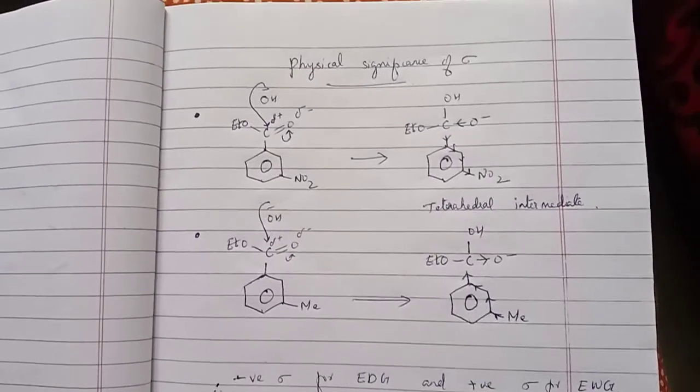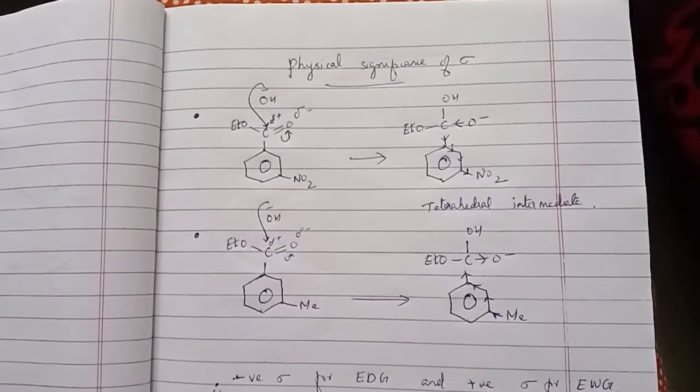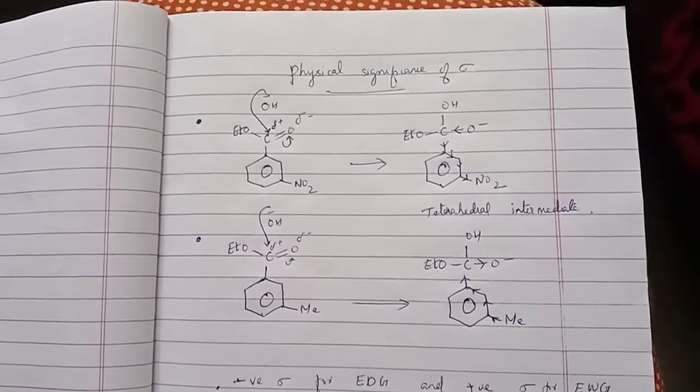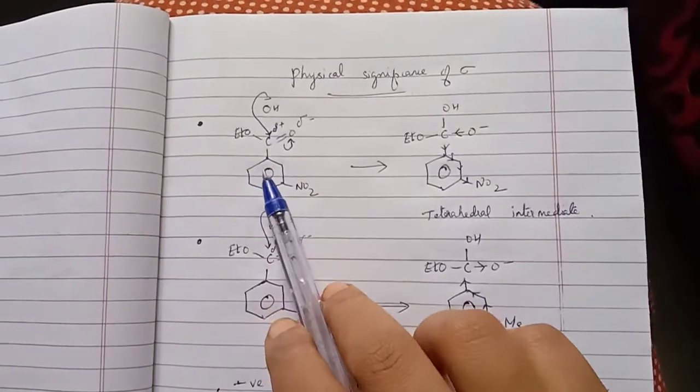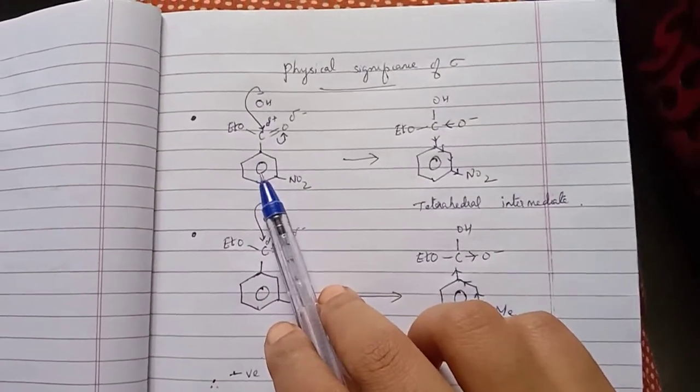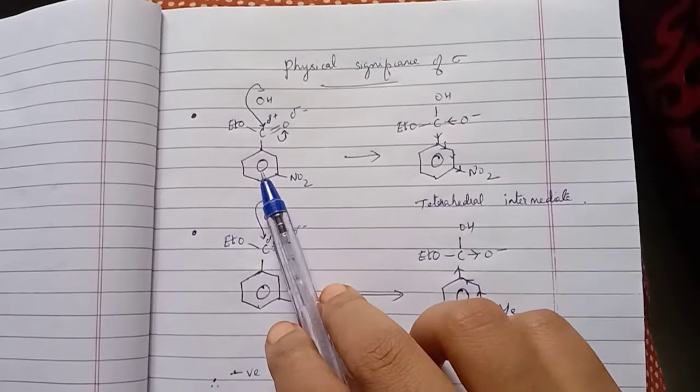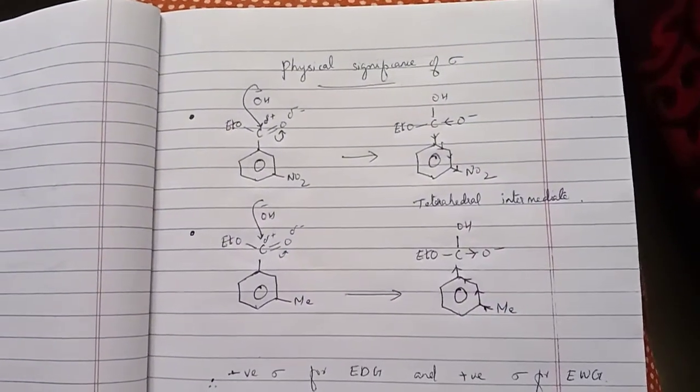The nitro group is attached to a pi system like this, and two effects are there. One is the I effect.